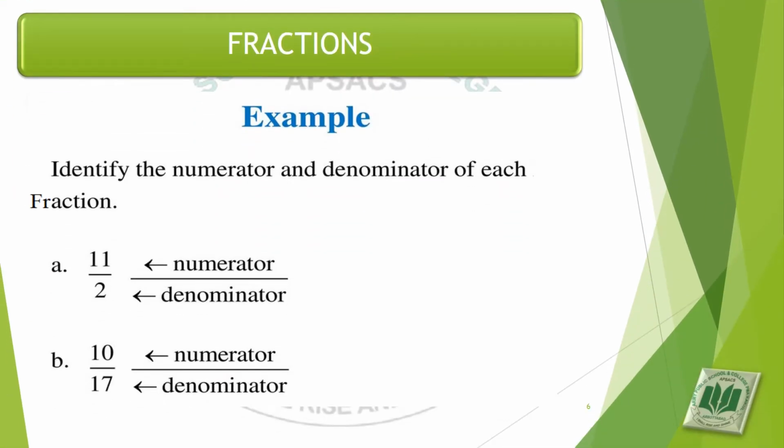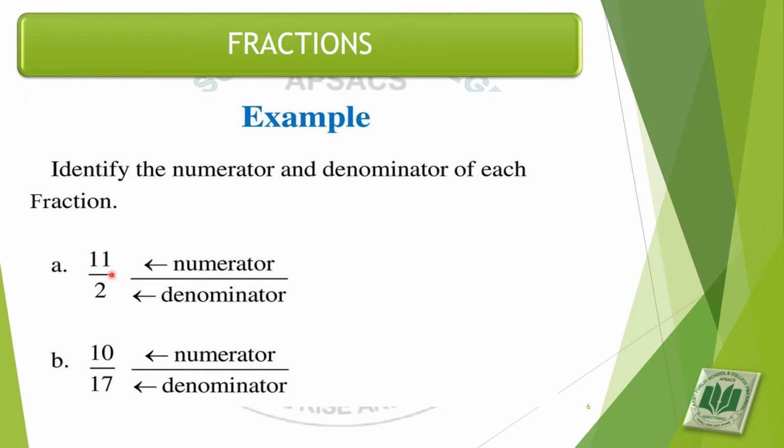Students, in this slide we will solve a few more examples to identify what are numerators and what are denominators of a fraction. Example A is a fraction 11 by 2.